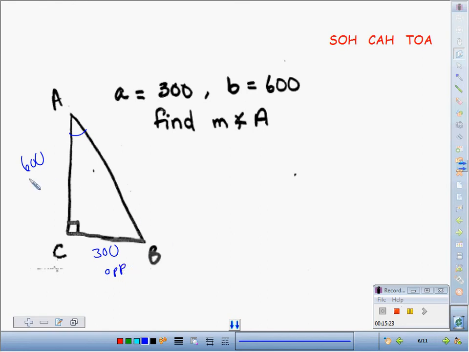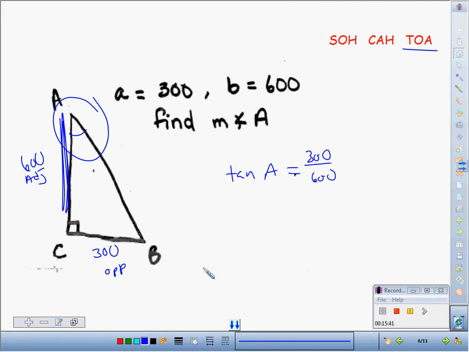This is adjacent to the A. Sorry, it's touching angle A. Right, focusing our attention around this. So tangent of the angle measure is opposite over adjacent. So I will do an inverse since I don't know the angle measure and make those things switch. 300 over 600 equals A, and then punch it in.